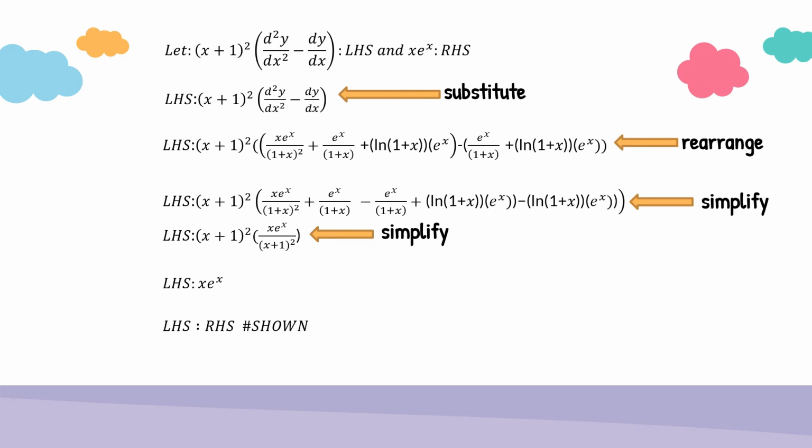Now, after substituting the values, we can cancel out these terms, and we will get the same value as the right hand side. Therefore, we have shown that the left hand side is the same as the right hand side.